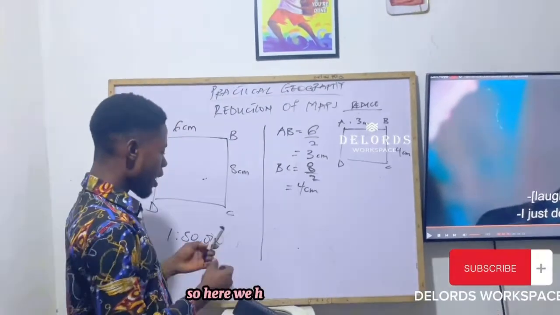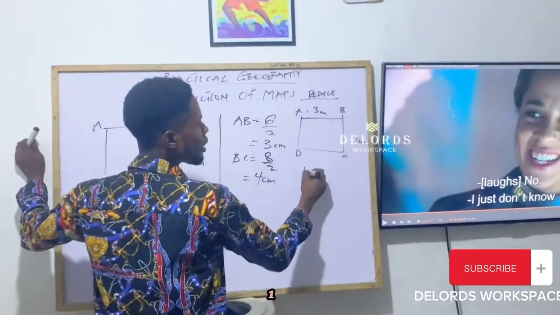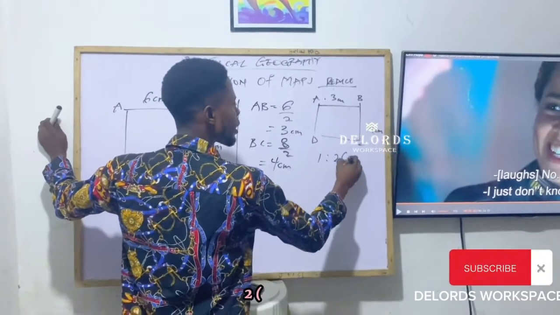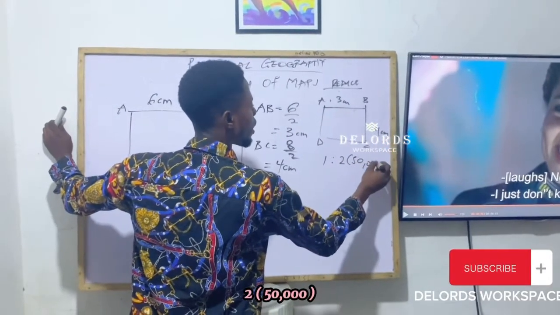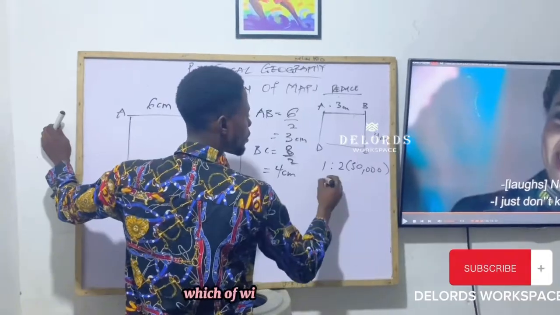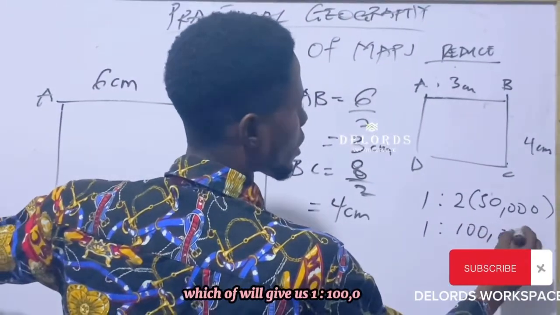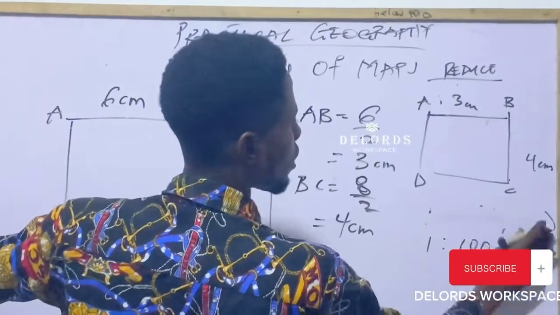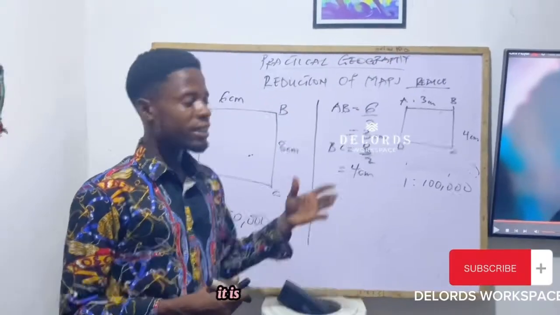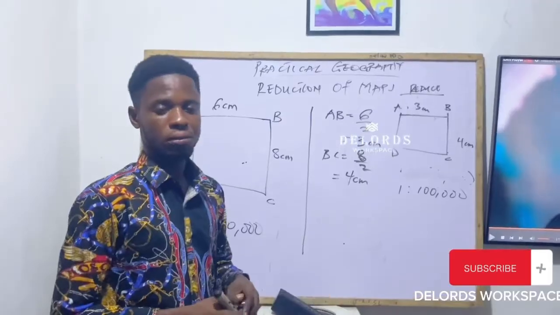So here we have the scale 1:2 bracket open 50,000, which will give us 1:100,000. Yes, like this. It is easy and simple.